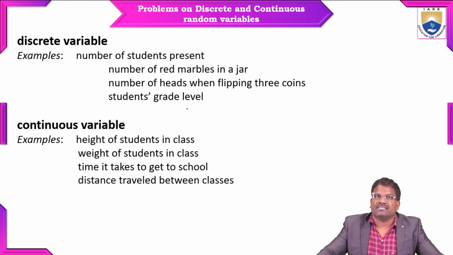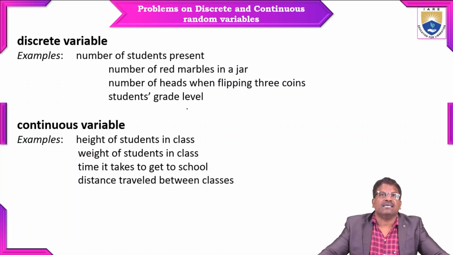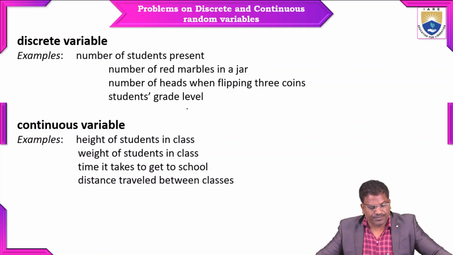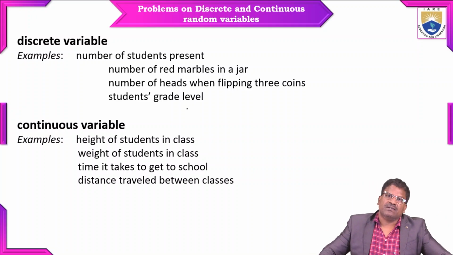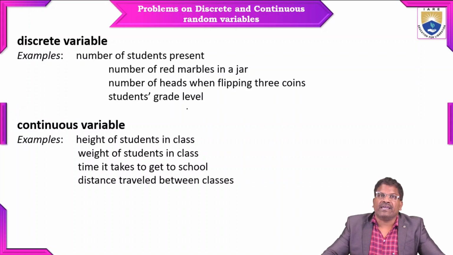So all these are suitable examples for a discrete random variable. Now what can we see as examples for a continuous random variable? Height of students in a class, weight of students in that class, time it takes to get to school, distance traveled between classes. Why is continuity here?